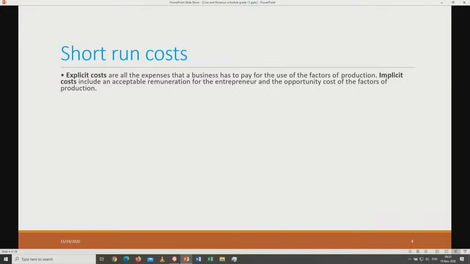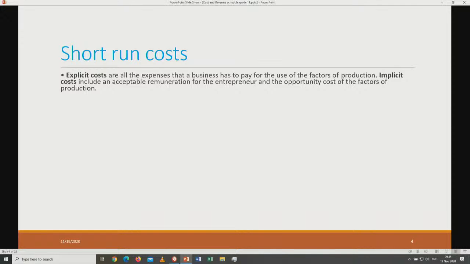You know that entrepreneurial skill is a factor of production. You know that raw materials and capital are factors of production. So for a business to operate, they'll have to remunerate those factors of production. So when we talk about explicit costs, we're referring to all those expenses that a business has to pay when they use the factors of production.